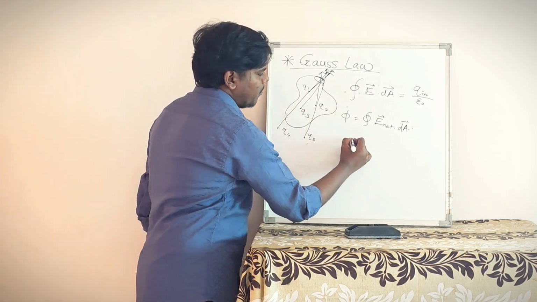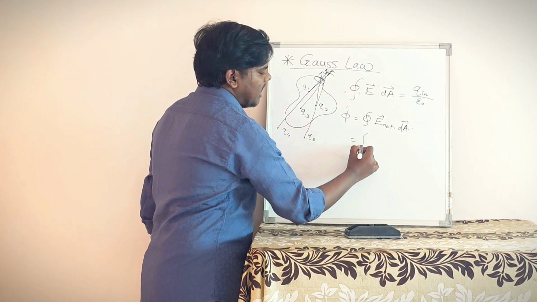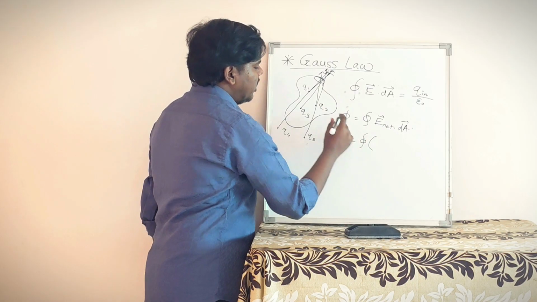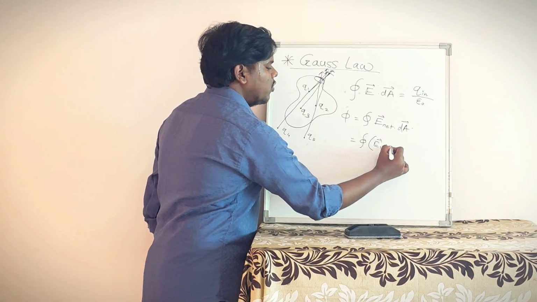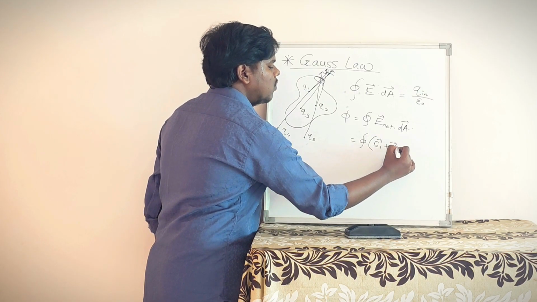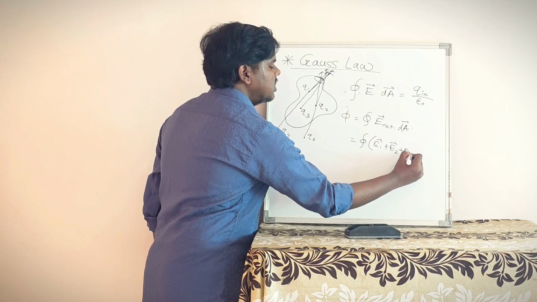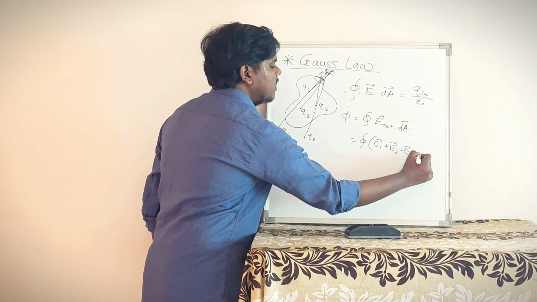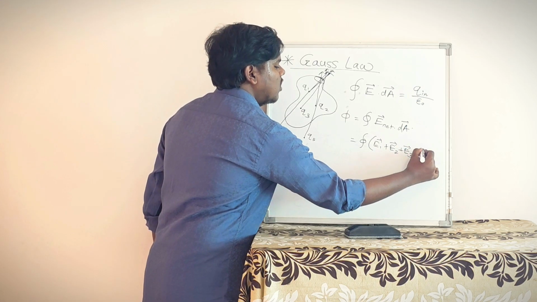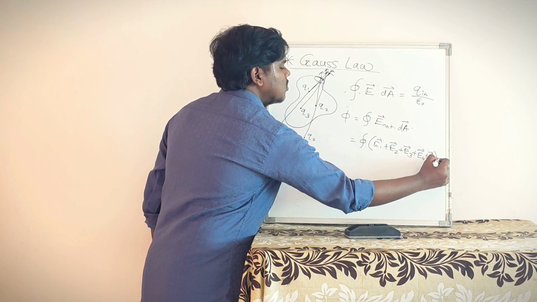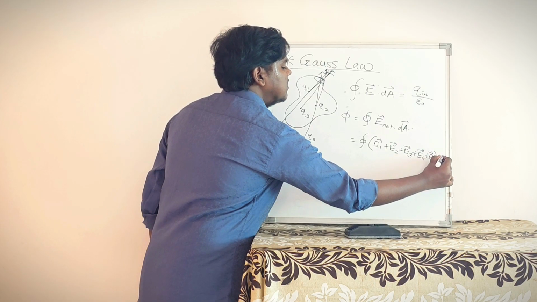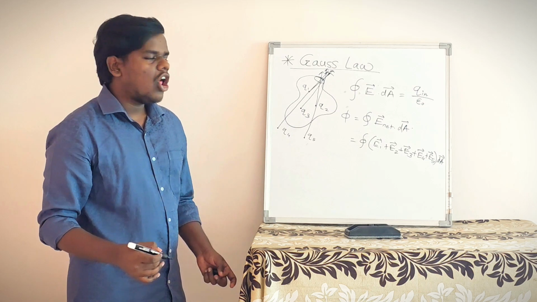So E net means due to Q1 we have electric field E1, due to Q2 we have electric field E2, due to charge Q3 we have electric field E3, and the same way E4, E5. So this electric field is the net electric field due to all charges.